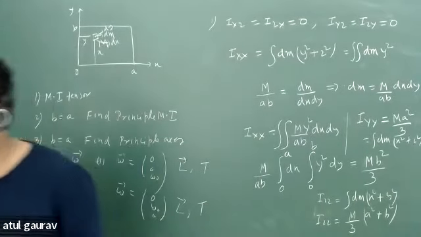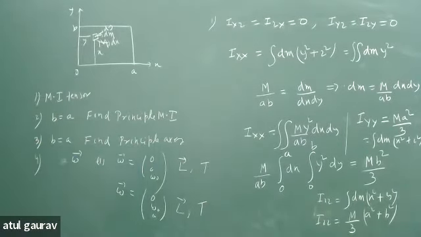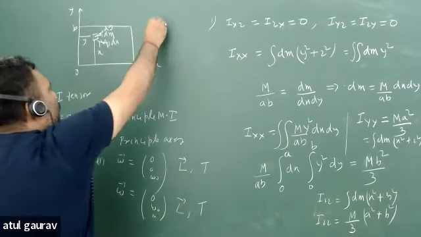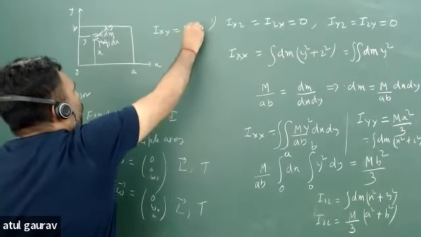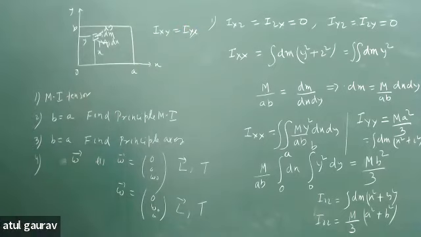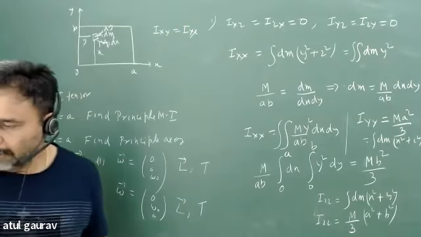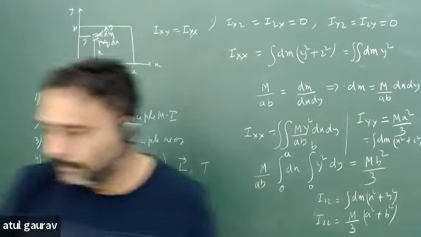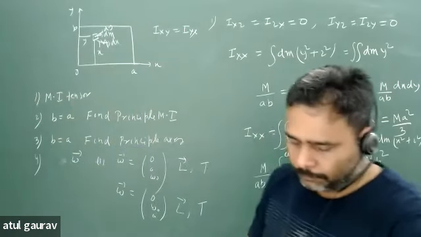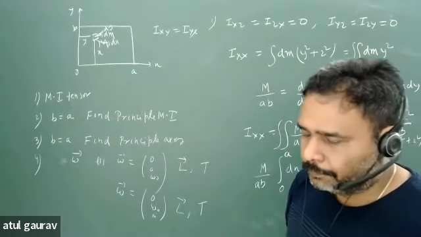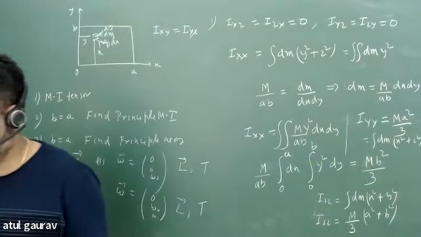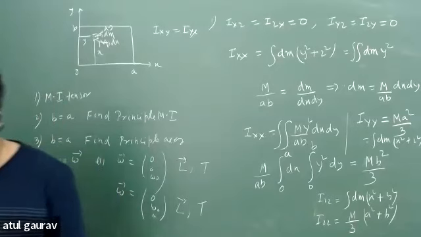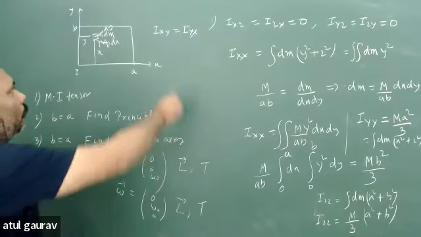Okay. So let's go for the final thing. What will be the final thing? Ixy. Ixy is equal to Iyx. Let's quickly work it out and tell me what comes. Take your time. What is the formula here?